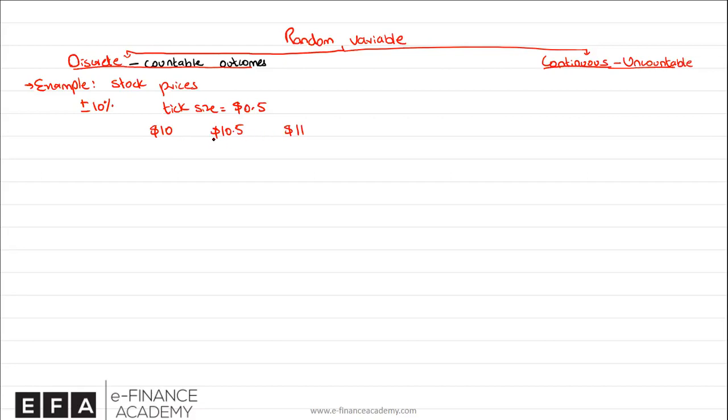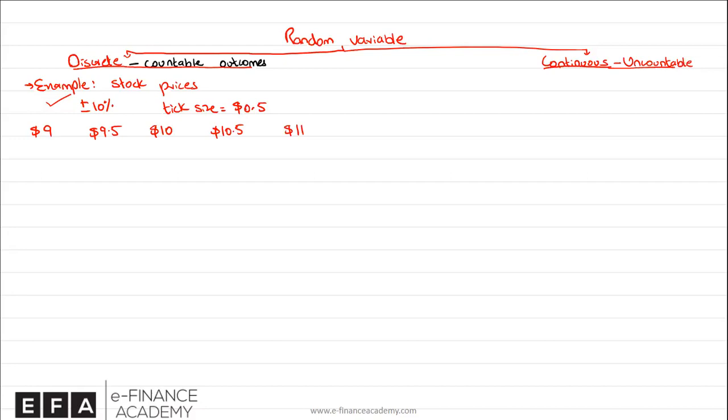So these are the possible prices on the upper side. From 10, it can go down to 9.5 because that's a minimum movement size of 0.5, or the lowest it can go down to is 9 because the limit would apply then. So notice, what are the possible prices of stock on any given day? As you can see, you can count the possible prices, and with these assumptions that we have made, there will be 5 possible prices.